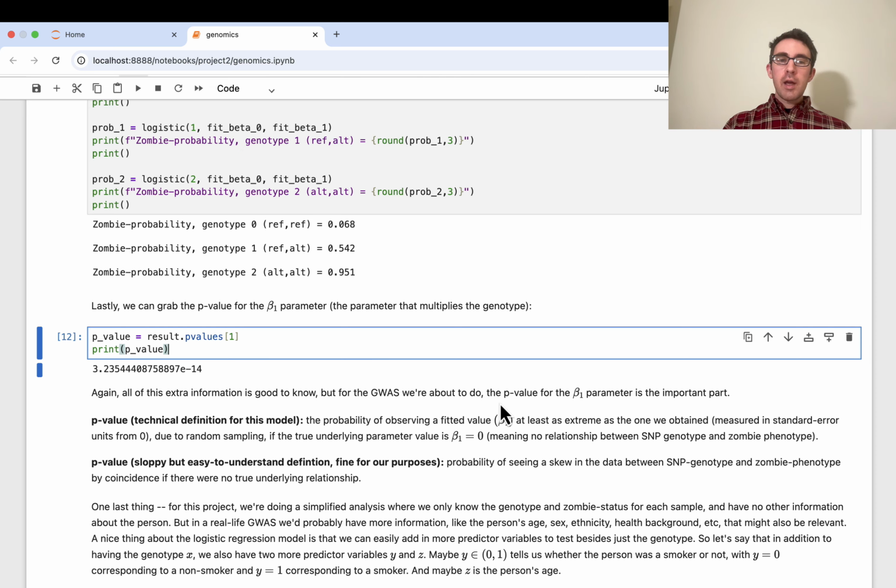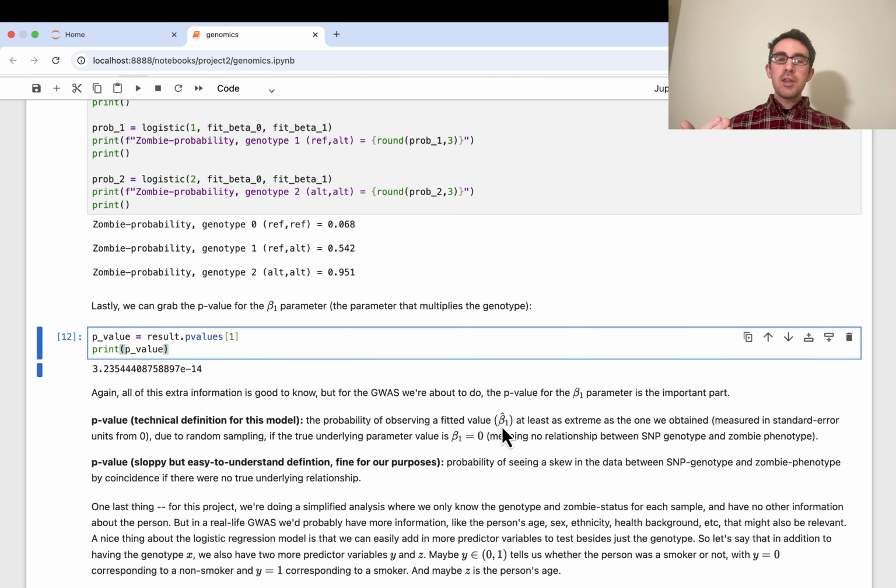So the technical definition of a p-value for this model is basically asking, okay, we have our fitted model of this parameter, and we want to say, if the true underlying value of this parameter were 0, what would be the probability of getting a fit value as far away from 0 as the one we got by coincidence if the true underlying value were 0. That's the technical definition for the logistic growth model.